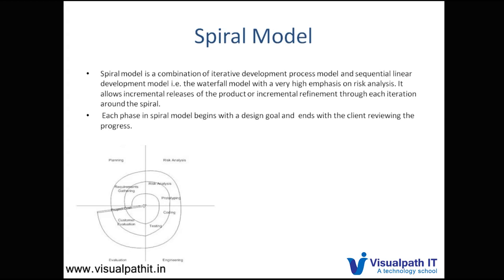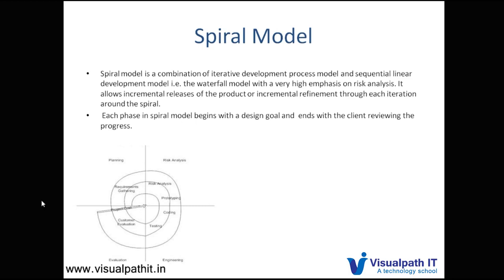Yeah, so in this diagram, as we can see, we have 4 phases: planning, risk analysis, engineering, and evaluation. So what will happen? First, the requirement will come, a prototype will be made. Here the risk analysis is the most important phase which has been added.